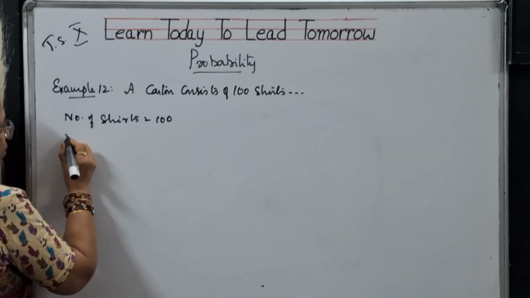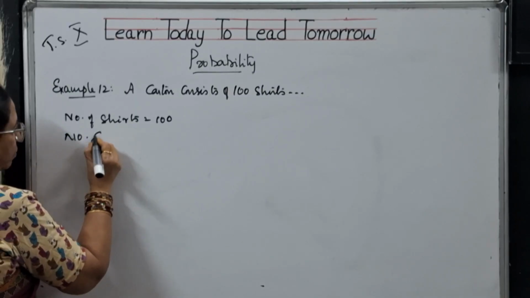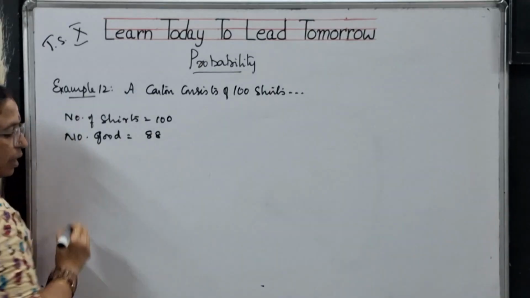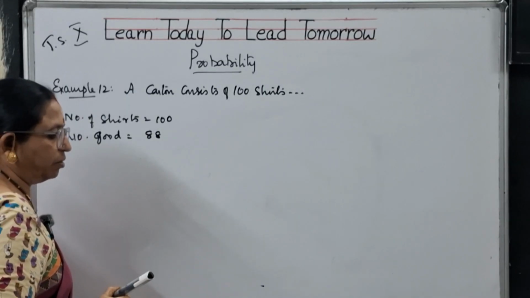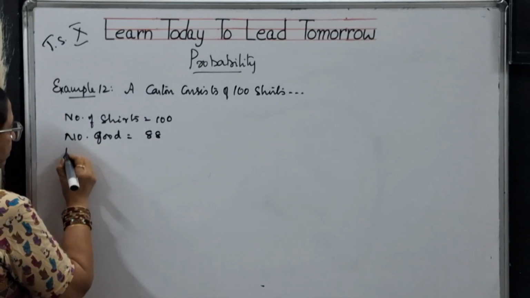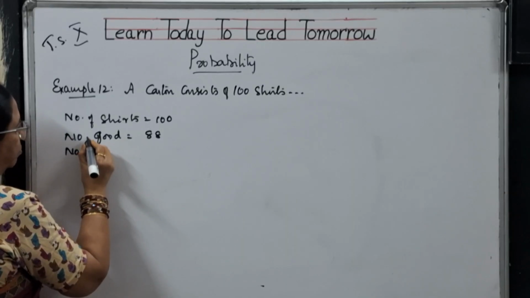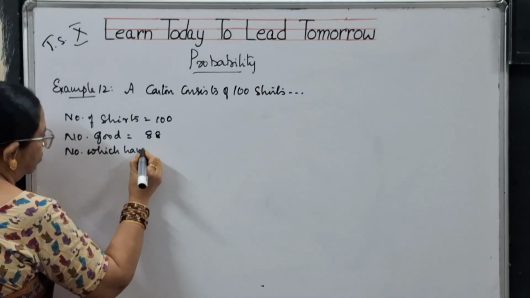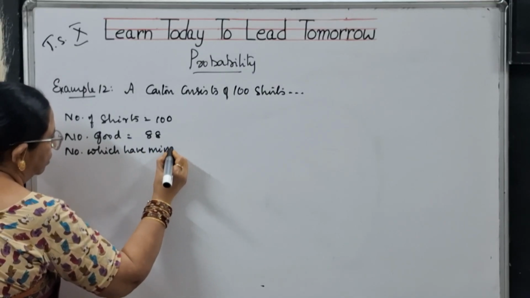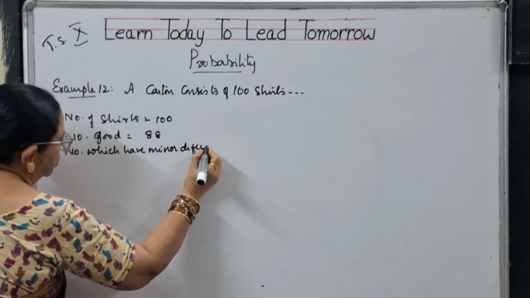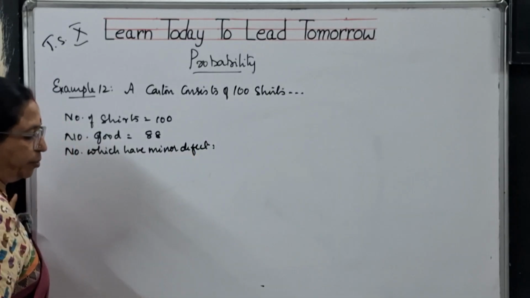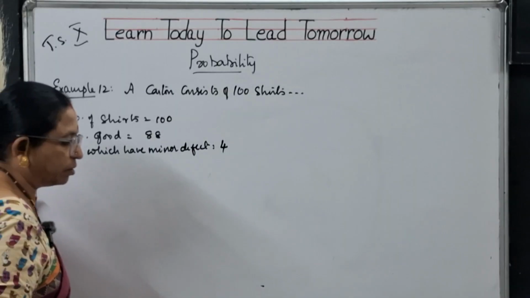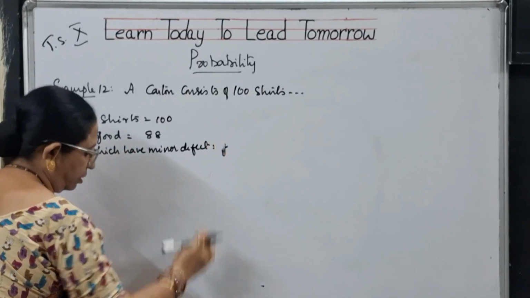So the number of shirts which are good is 88, and the number which have minor defects is 8.